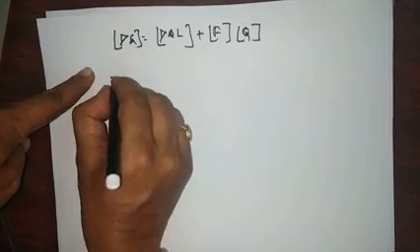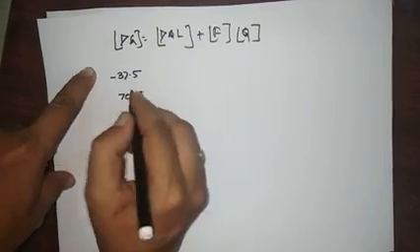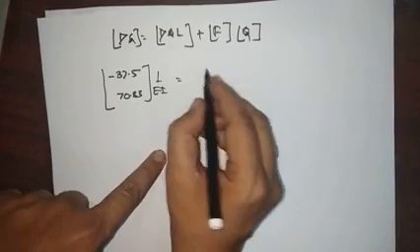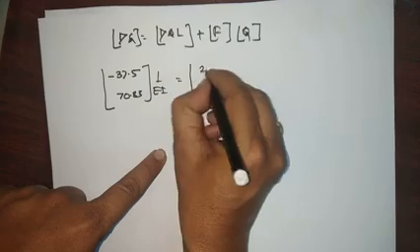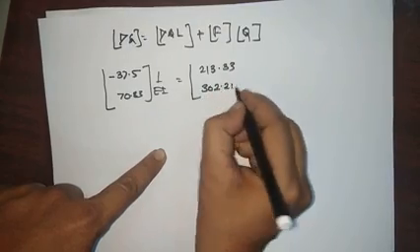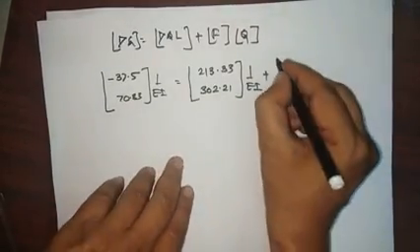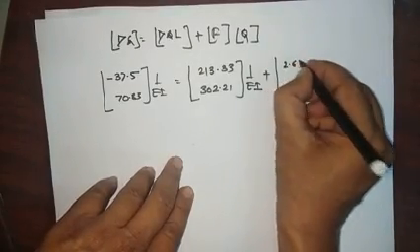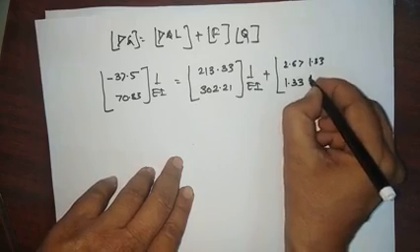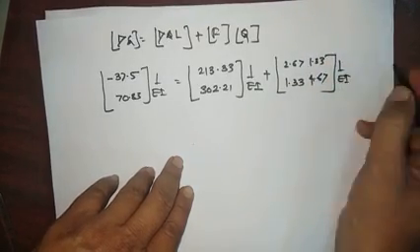Now the DQ matrix is minus 37.5 and 70.83, 1 upon EI, equal to the DQL matrix, which is 213.33 and 302.21, 1 upon EI, plus this F matrix, which is 2.67, 1.33, 1.33, 4.67, 1 upon EI.